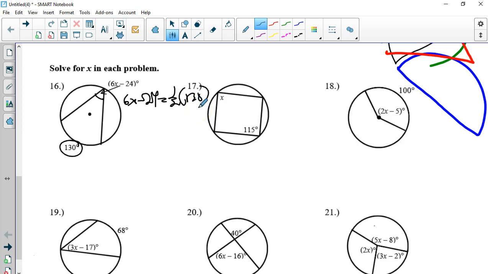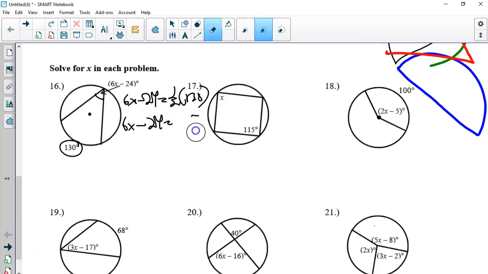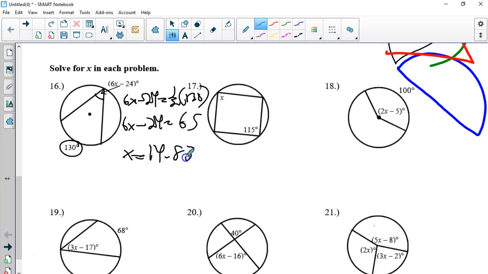Like I said, if you want to go directly to, hey, I already know that half of 130 is 65, go for it. That's okay. You can skip that step and just put 65. Do the math in your head. And then add 24 and divide by 6, and you get 14.83 repeating. Or 14.8, I would accept either answer.